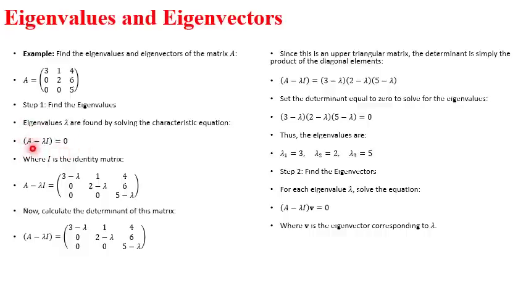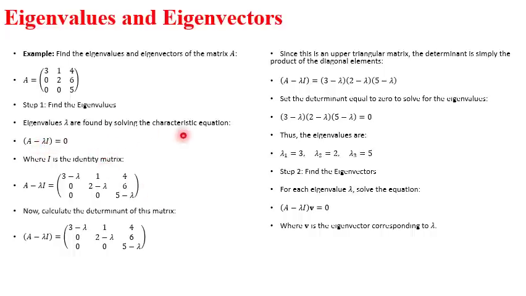That is, subtract lambda multiplied by the identity matrix from matrix A and set it to 0. Then look for the determinant of that whole equation. For an identity matrix, you have the diagonal elements being 1 all through, which shows that when you multiply that with lambda, you'll have lambda all through the diagonal.